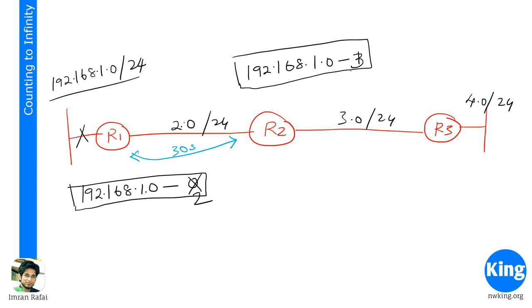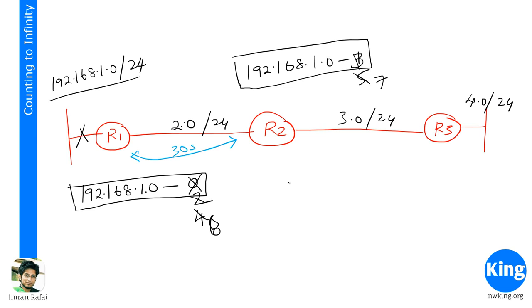So next time R2 tells R1 about this update, R1 updates it to 4, and R2 goes to 5, then 6, 7, and it goes on.